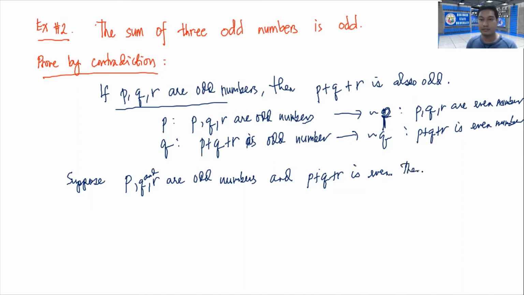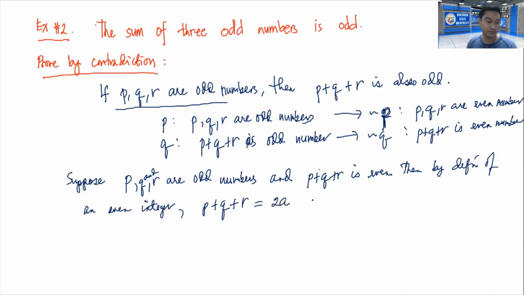Then, by definition of an even integer, p plus q plus r is equal to 2a for some integer a.